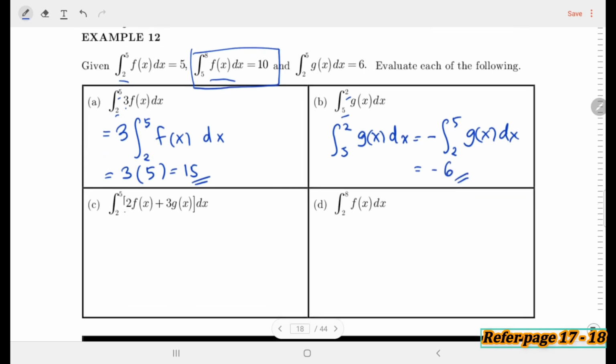Now we look at part C. We have the integral from 2 to 5 of 2f(x) plus 3g(x) dx.